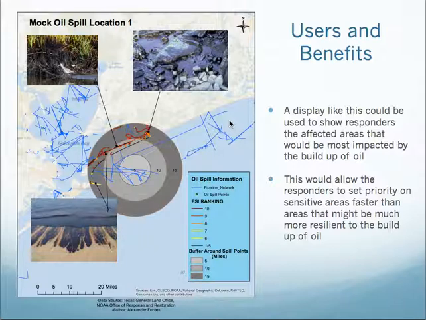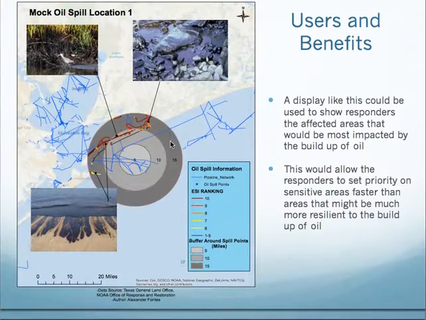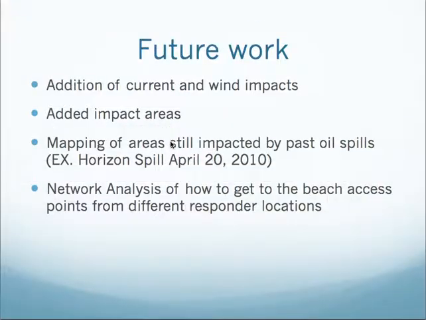The clustering analysis would help them set priority on sensitive areas faster than areas that might be much more resilient to the buildup of oil. And so kind of giving them ancillary pictures to show what they could be looking at, what they could be dealing with if they were to show up at these locations.